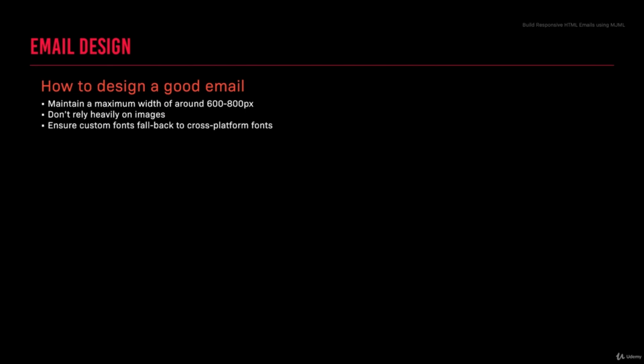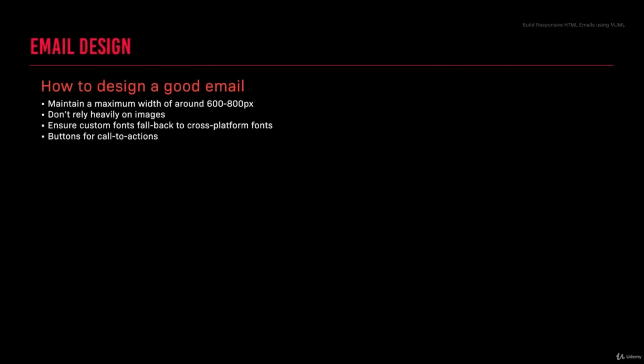And if you have to use a custom font, always ensure that you have a cross-platform fallback font. That is a font that will render on any device. And if you have to use a call to action, it is recommended that you have a call to action as a button.